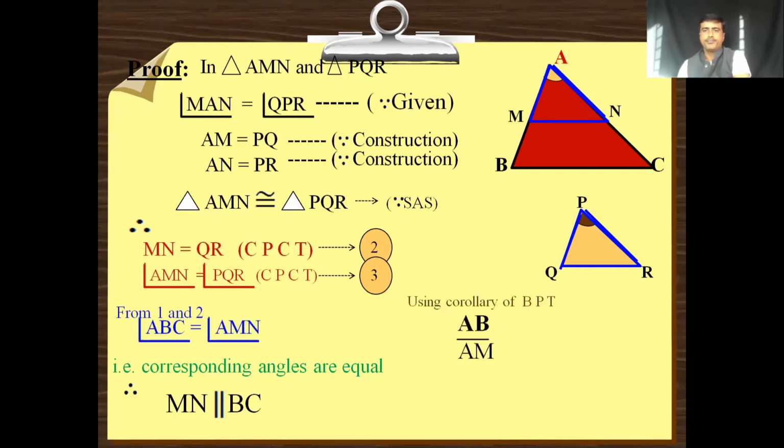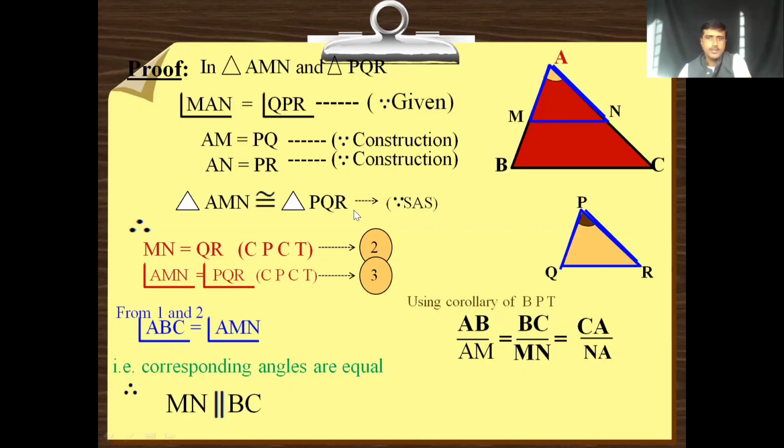Now I am using the corollary of BPT, which says the three sides of the mother triangle are in proportion with the three sides of the baby triangle AMN. That is, AB of the mother triangle is in proportion, that is, the ratio of AB and AM must be equal to the second side of the mother triangle BC and the second side of the baby triangle MN, which is again the same ratio with the third side, that is AC or CA, and the third side NA.